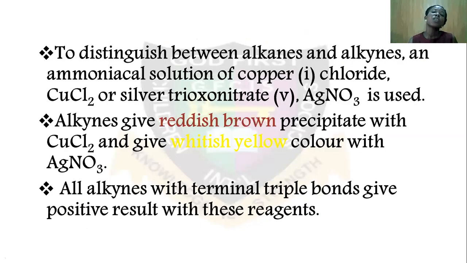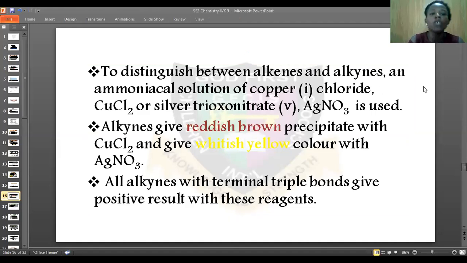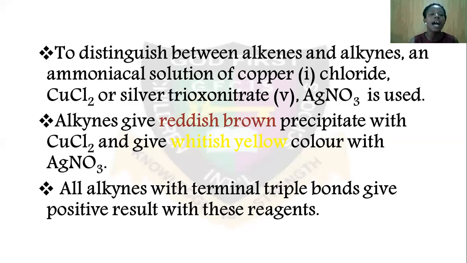So now, to distinguish between alkenes and alkynes, that's double bond and triple bond hydrocarbons, you use ammoniacal solution of copper 1 chloride or silver trioxonitrate 5. Now the alkynes will give a reddish brown precipitate with copper 1 chloride.